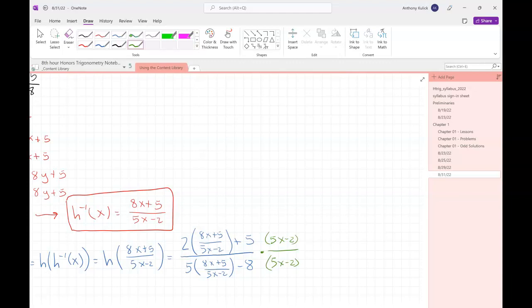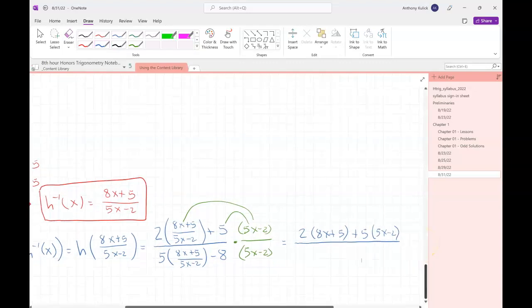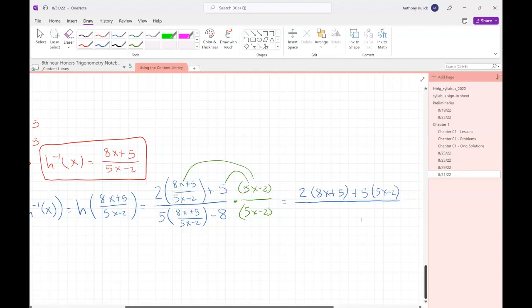Everybody's okay there? When I multiply it to this term, the 5x minus 2's cancel to leave this. When I multiply to this term, I get that. Is everybody okay? And then I'll do the same thing down here.